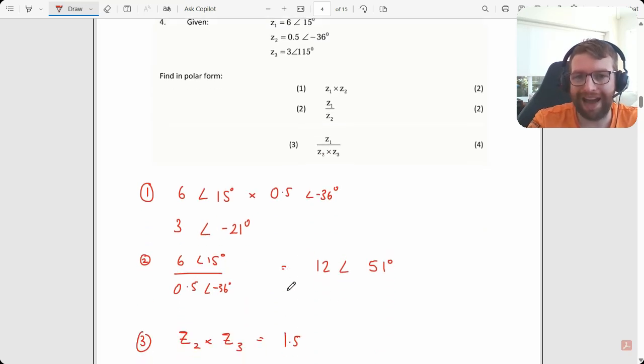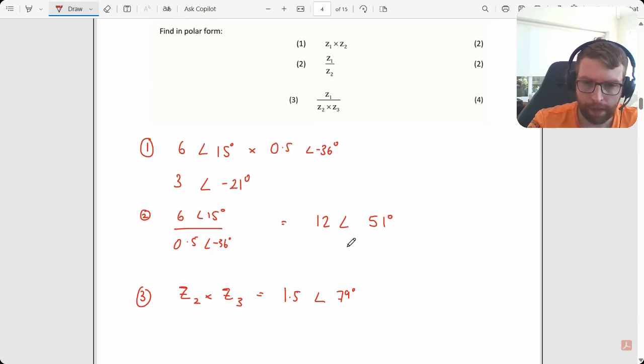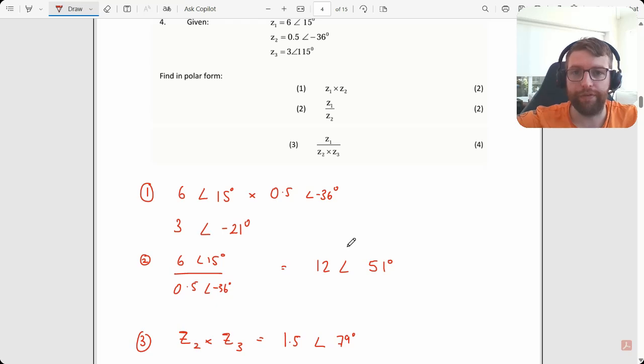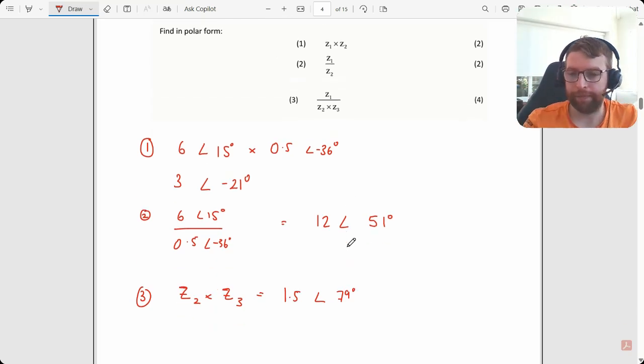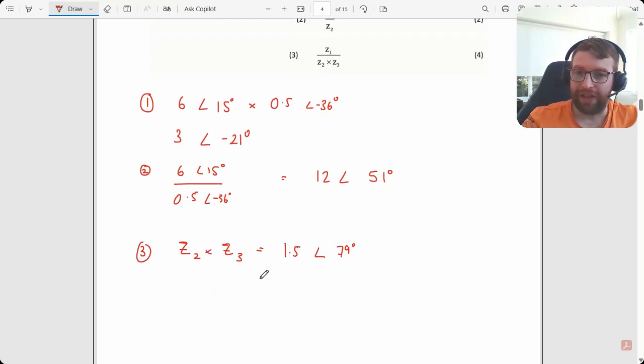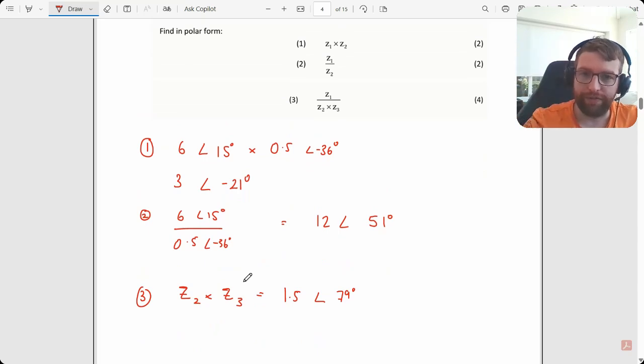And then we're adding minus 36 and 115. So that is 79 degrees. I'll just double check that. Yeah. Because we're adding 115 and a negative 36 together. Then once you've got that, you can go for the division after that.